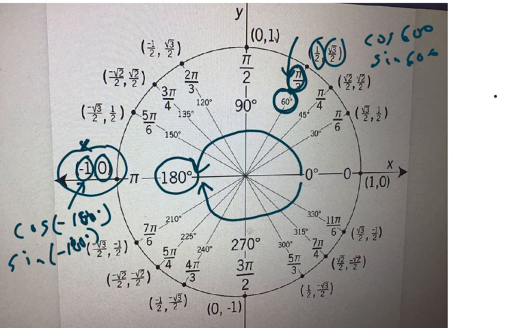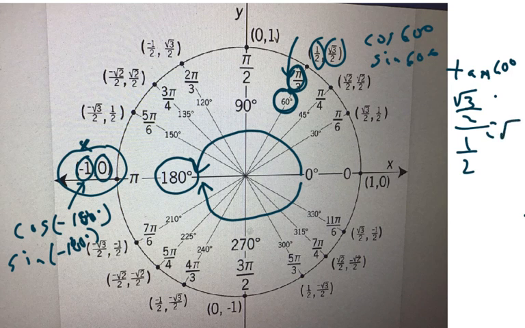Now, the other thing I want to ask you is your teacher going to allow you to add extra notes on here, like the tangent of 60 degrees, for example, which is sine over cosine, simplifies to just square root of 3? Are you allowed to do that? If so, I would do that.